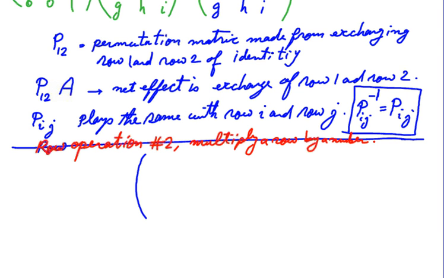Let's play a game. Suppose we have a matrix and its entries are, again, let's just keep it to size 3. Suppose I want to double the third row.